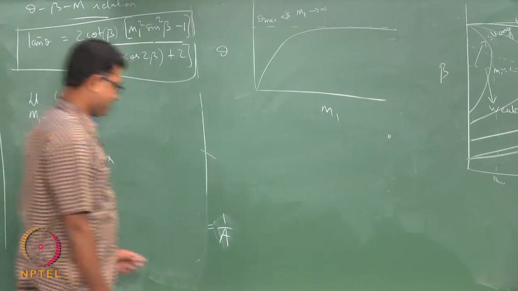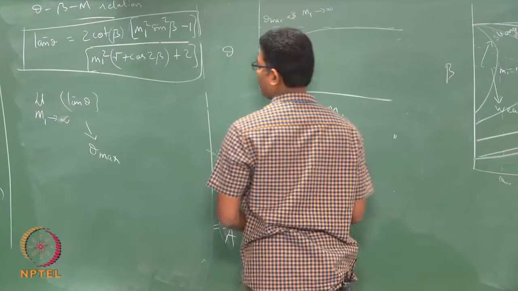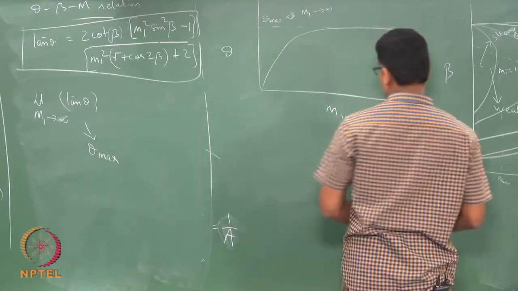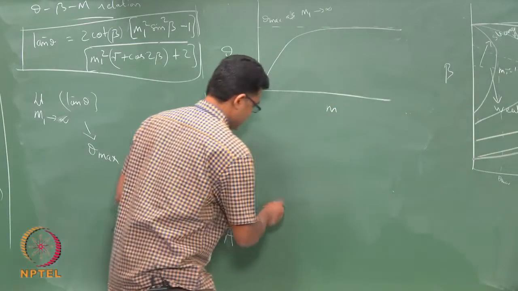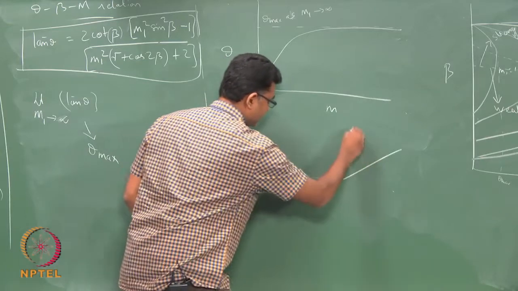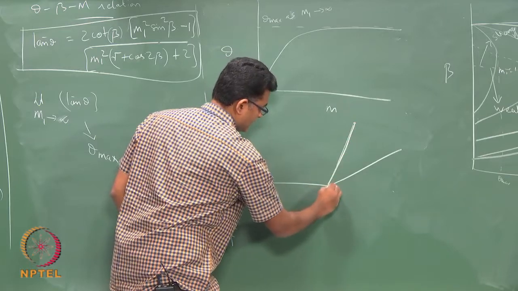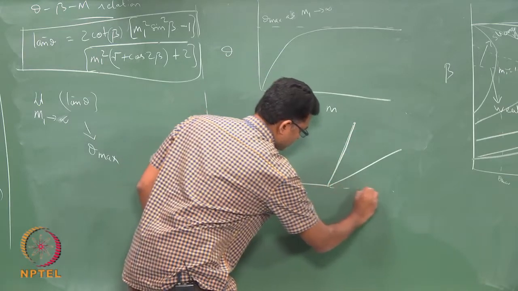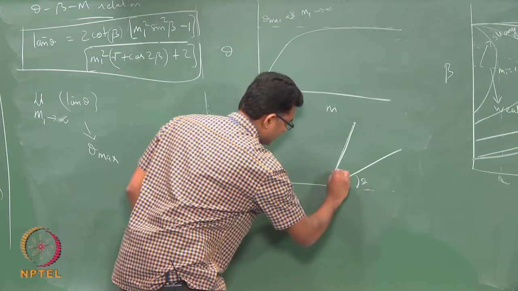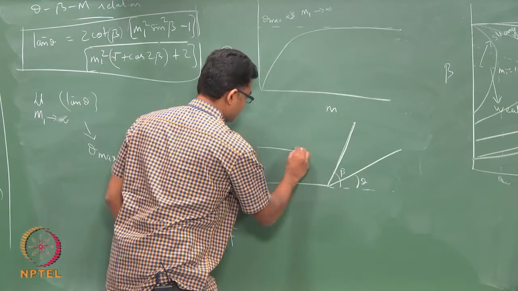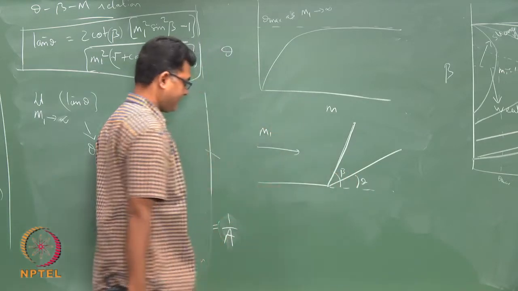So, the point is, if I have an oblique shock, say for example, I have a shock here, this is my theta and this is my beta, this is my M1.